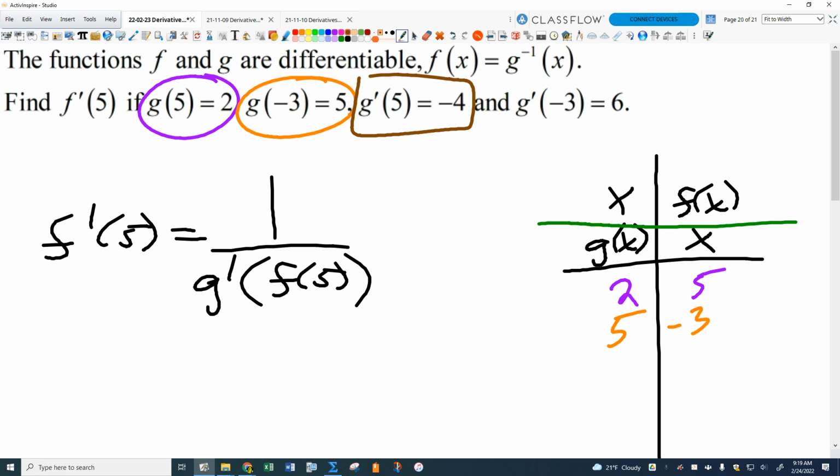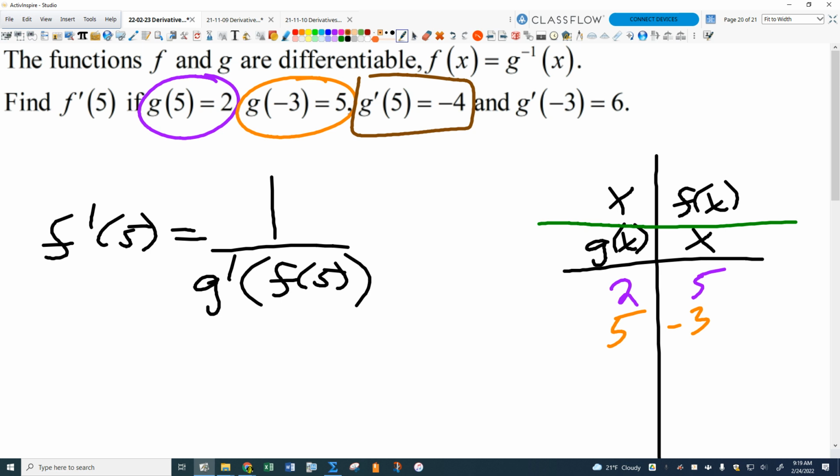I need the input. Does that make sense? Right? Does that match with one of these? That makes sense? Yeah. Okay. Does this one work? G prime of -3? See what I'm saying?